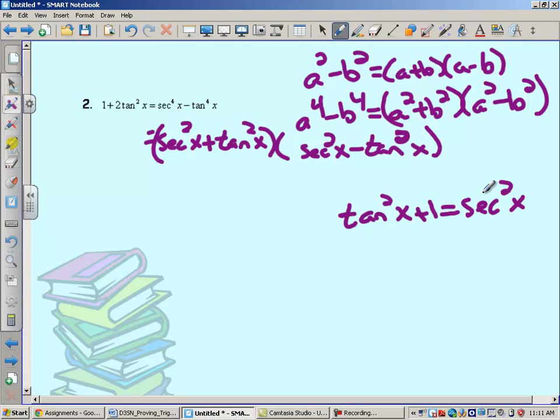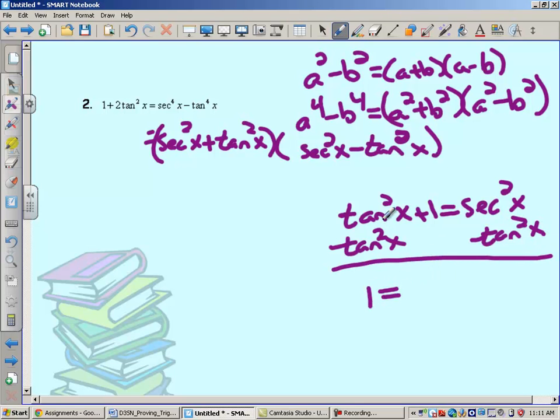Get used to these Pythagorean identities because we're going to use them a lot. Now, what happens if we subtract tangent squared from both sides? We're going to get that 1 is equal to secant squared x minus tangent squared x.